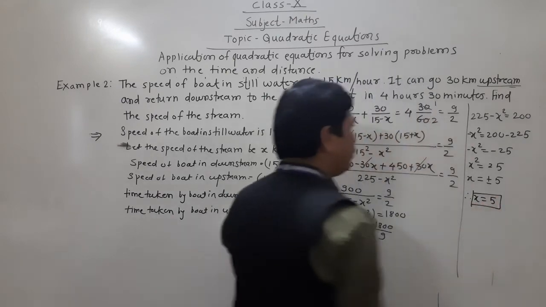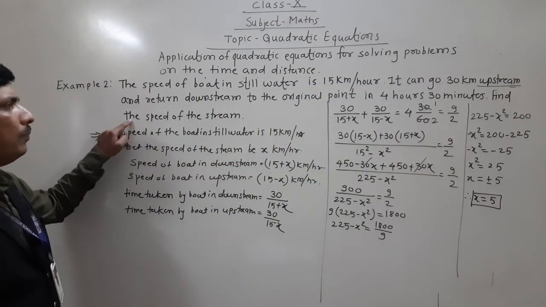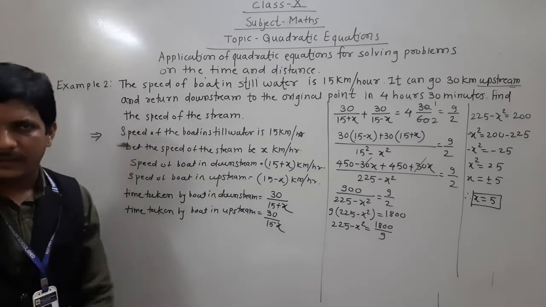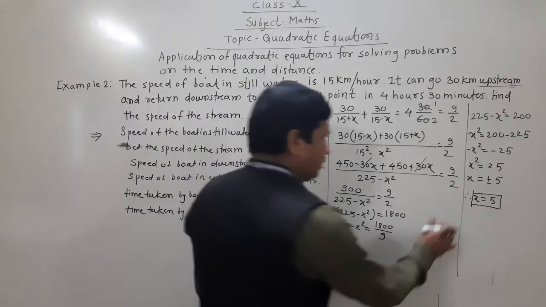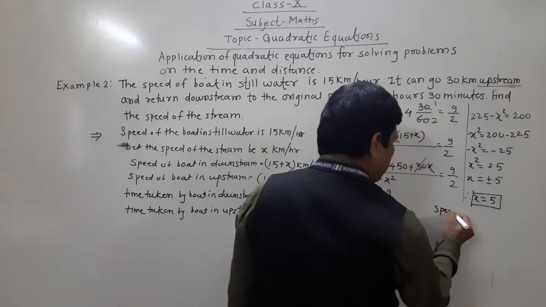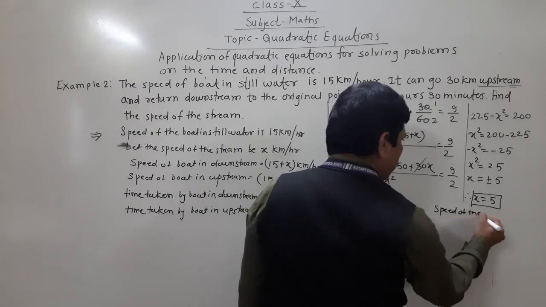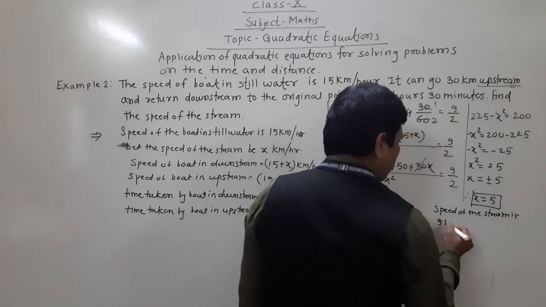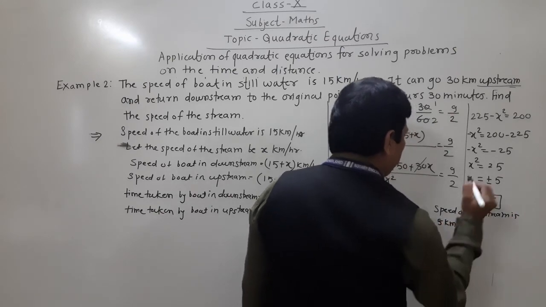Finally, you can write here: the speed of the stream is 5 kilometer per hour.